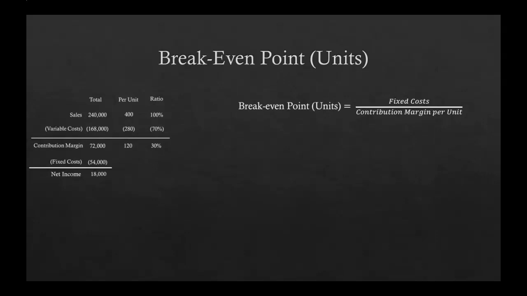Our contribution margin per unit, we see that as 120. So we plug in our numbers into this formula. We get 54,000 divided by 120, which gives us a break-even point in units of 450 units.